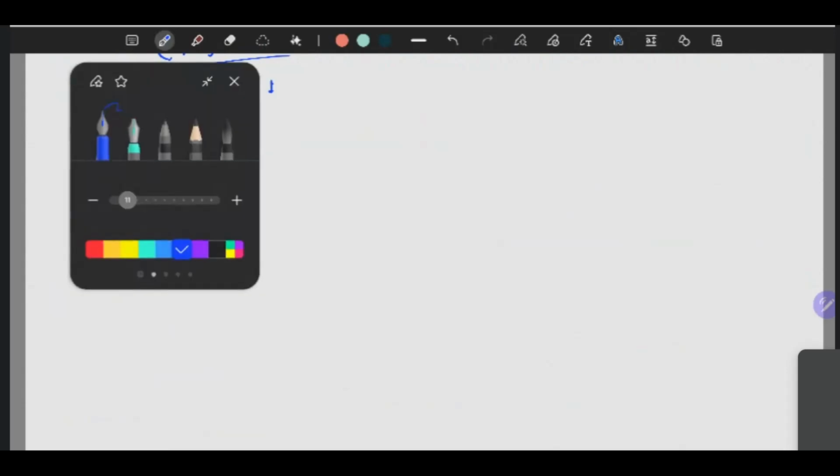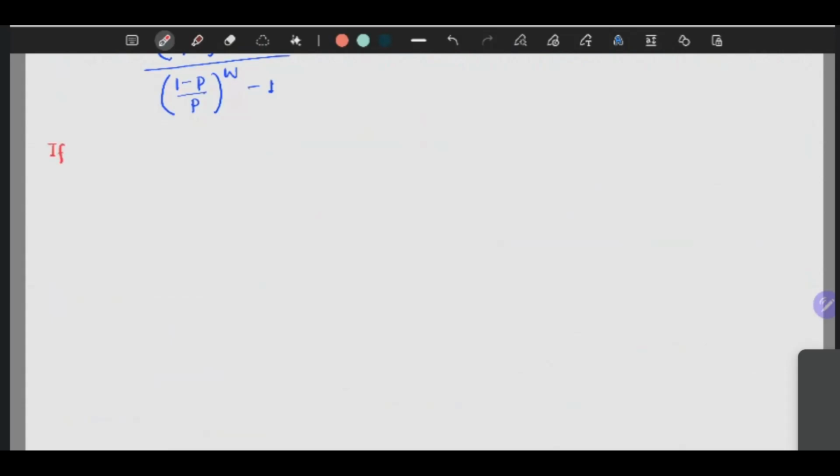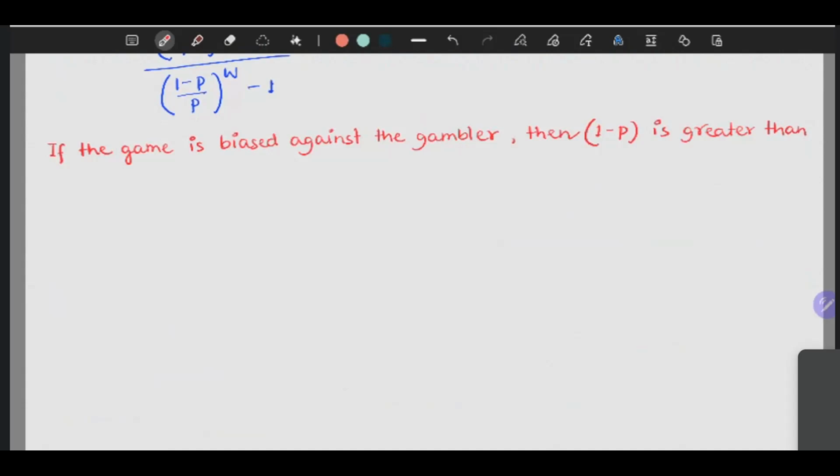So now if the game is biased against the gambler, then 1 minus p is greater than p.